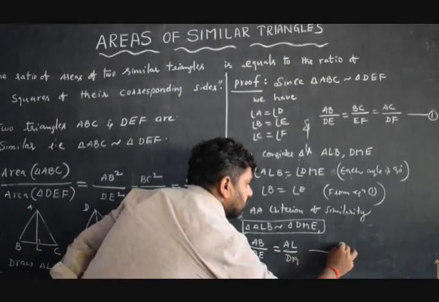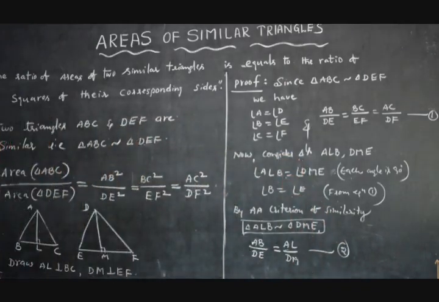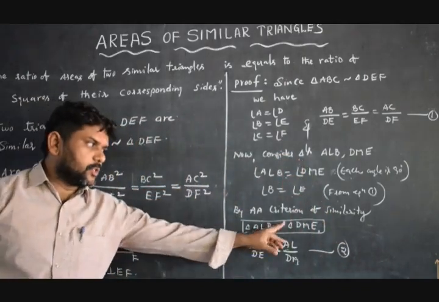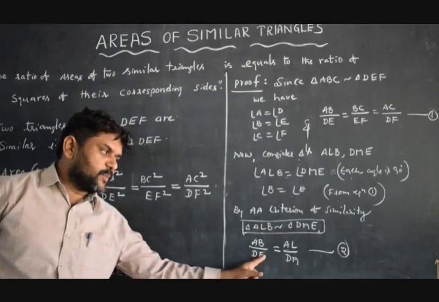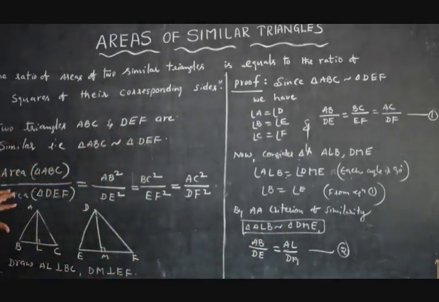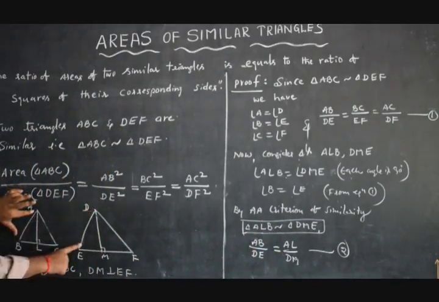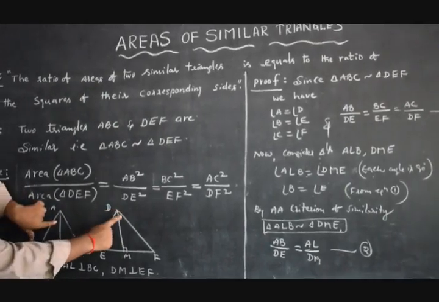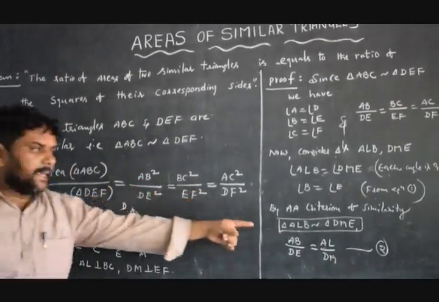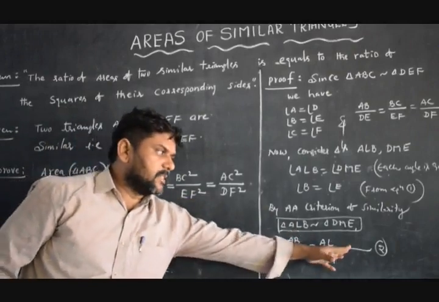This is taken as equation 2. Corresponding sides we are taking from these two triangles: AB divided by DE on one side is equal to AL, corresponding to DM, so AL divided by DM.